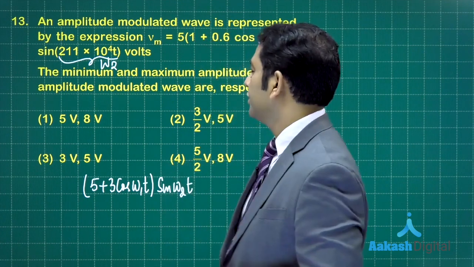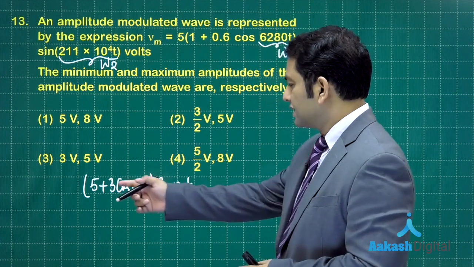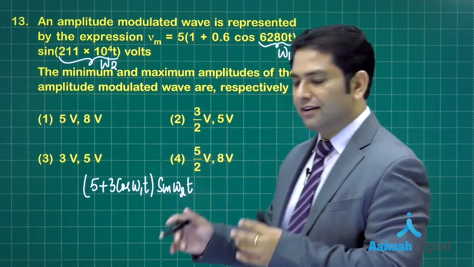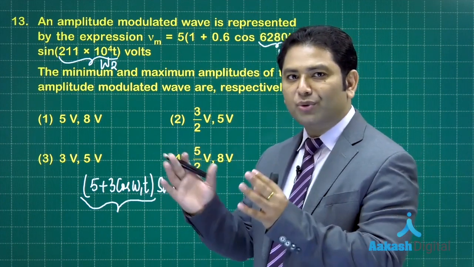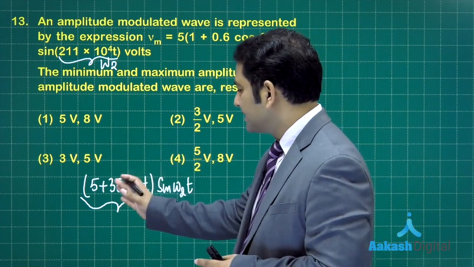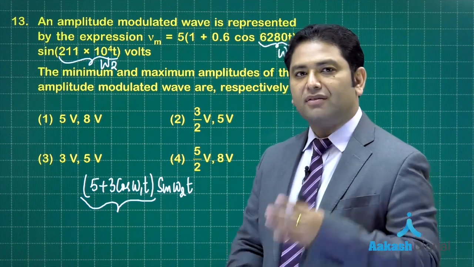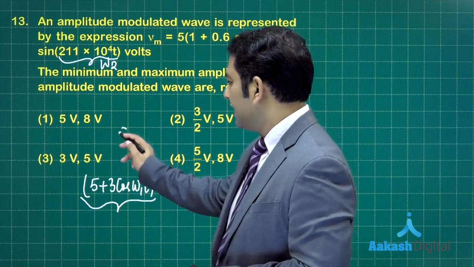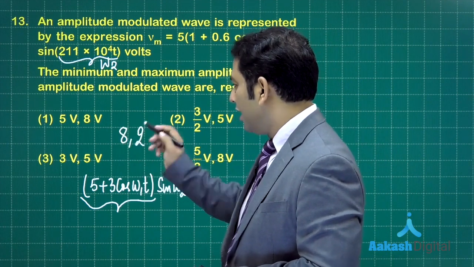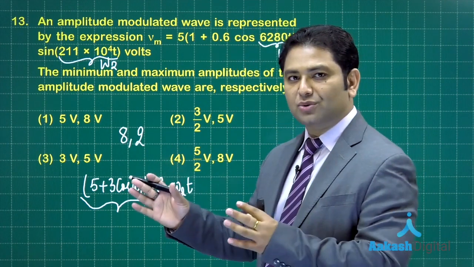So this is what you get. Now you could say it's in a direct format where this comes out to be the amplitude of the AM wave. And what is the maximum and minimum value? The value would be 8 and 2. So the maximum and minimum amplitude as per our computation is 8 and 2.